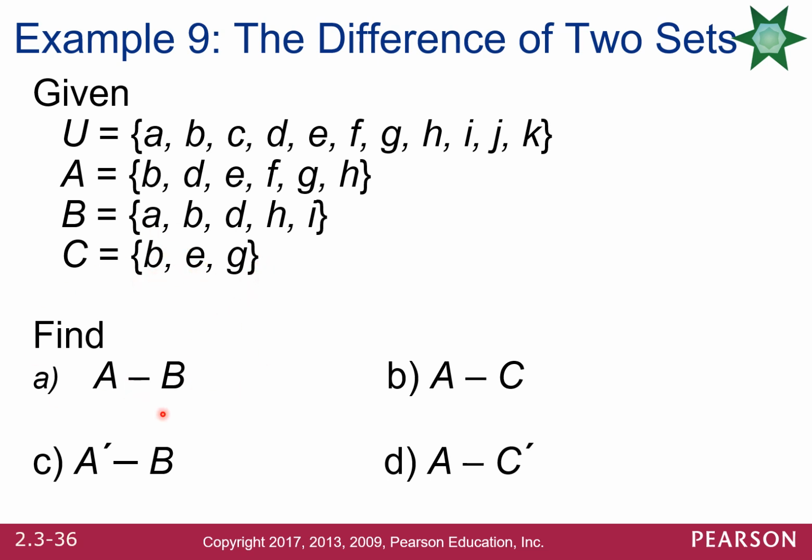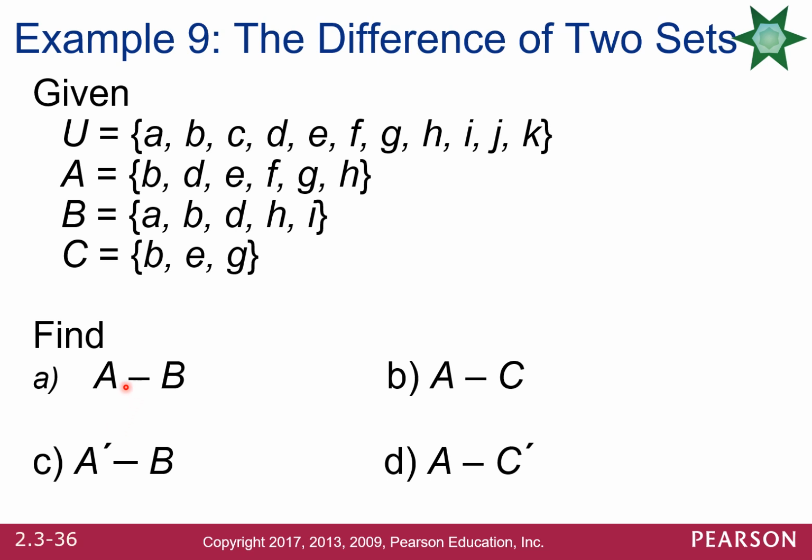So the first question says, find the difference between set A and set B, or A minus B. So again, I'm going to work these problems here first, and then we are going to check the solutions to see if our answers match or not. So A minus B, remember what difference means?